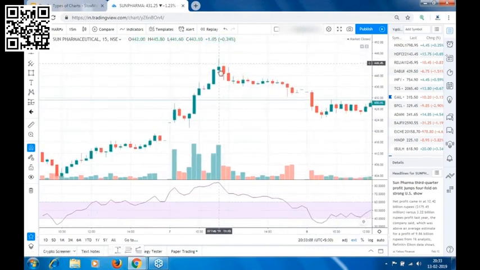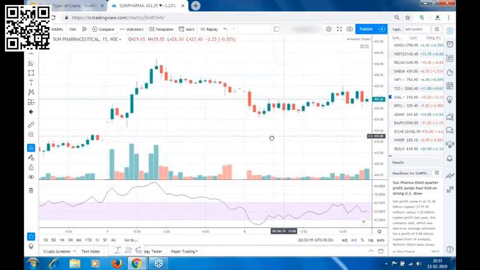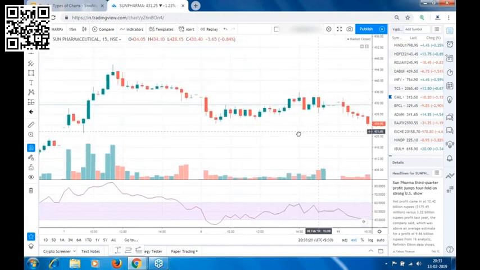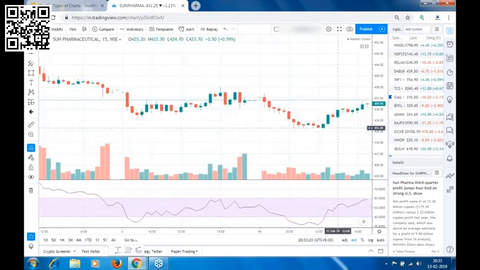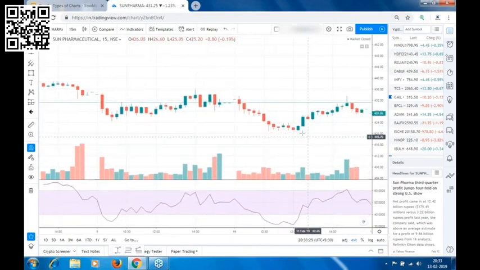See, this is kind of a shooting star pattern, and once the low is broken, you can see the fall in the market. Let me show you.